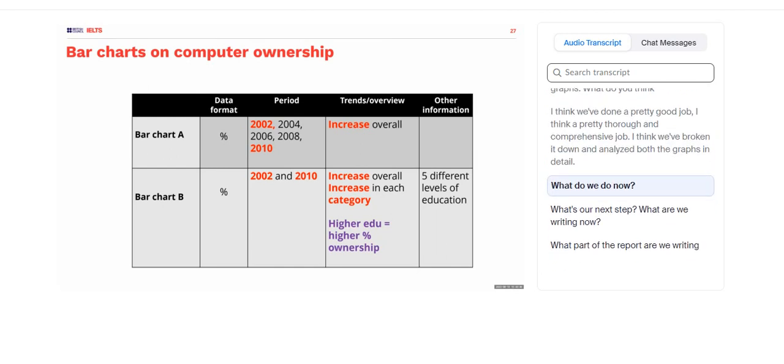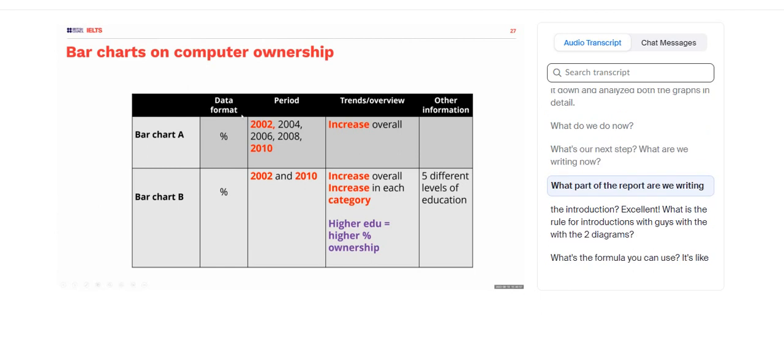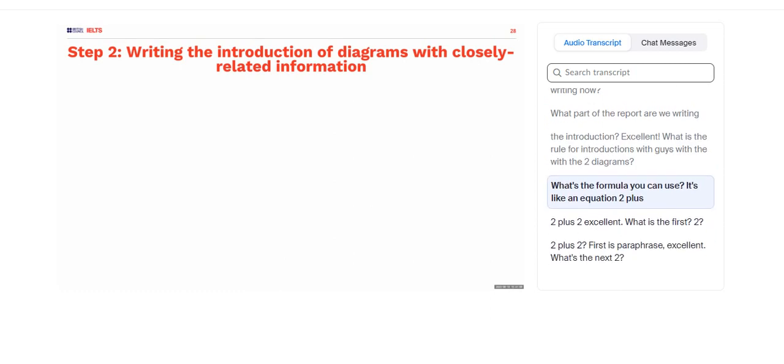What do we do now? What's our next step? What part of the report are we writing? The introduction. Excellent. What is the rule for introductions with two diagrams? What's the formula you can use?